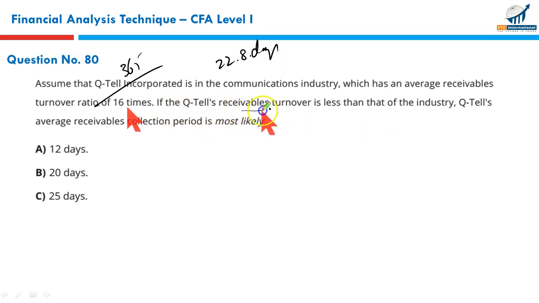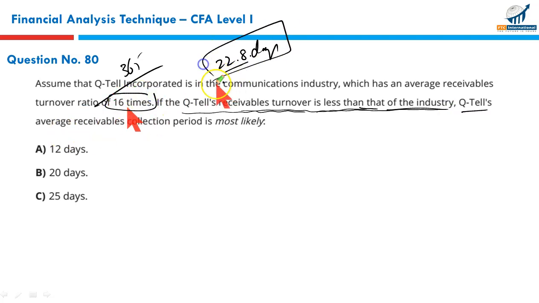If QTEL's receivable turnover is less than that of the industry, this is the industry average, 16 times or 22.8 days.